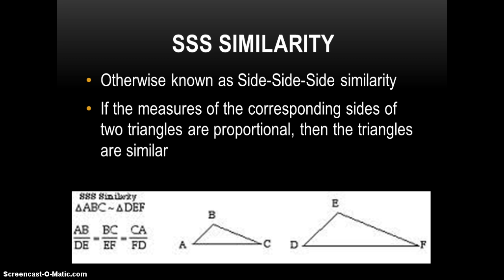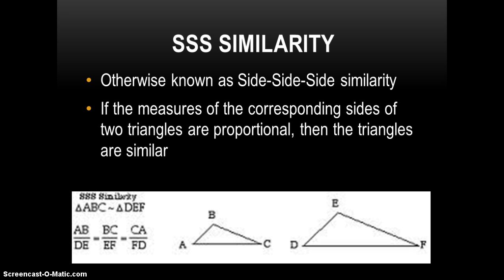So AB over its corresponding side DE equals BC over its corresponding side EF equals CA over its corresponding side FD. So by side-side-side similarity, triangle ABC is similar to triangle DEF.